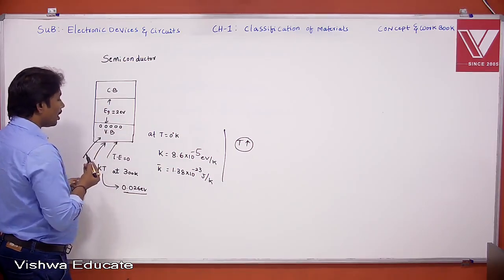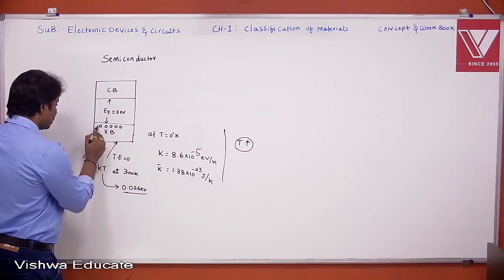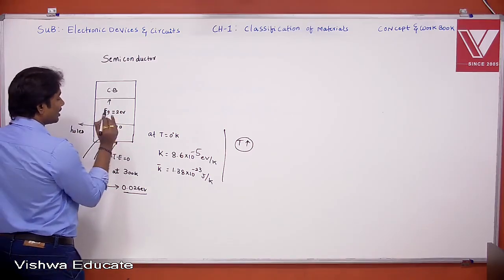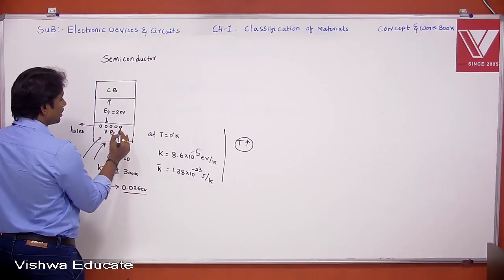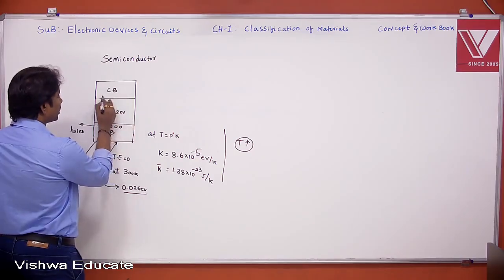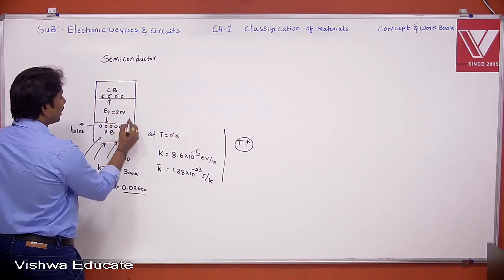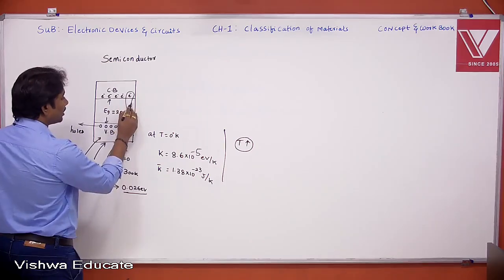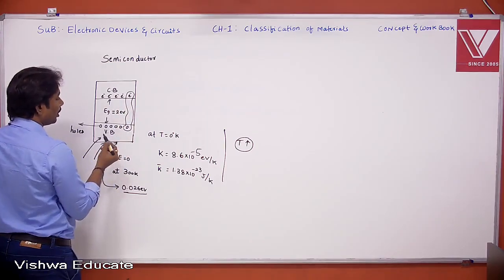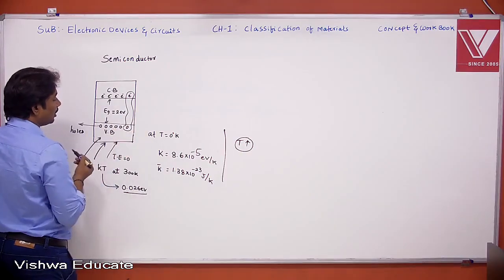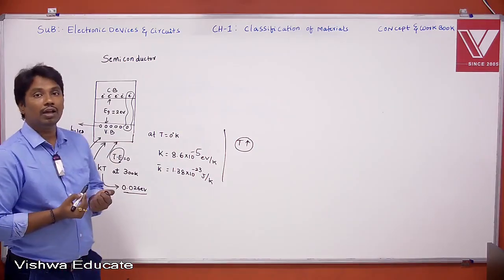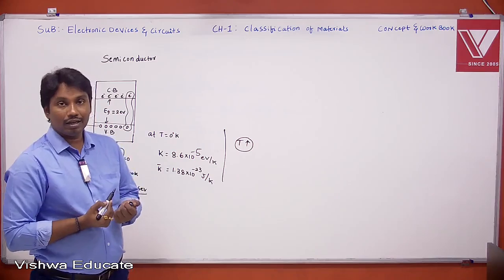These vacancies are called holes. If one electron is energized by supplying thermal energy, it can produce a free electron hole pair. This process of producing a free electron hole pair due to thermal energy is called thermal excitation.